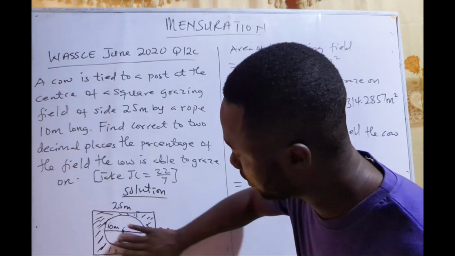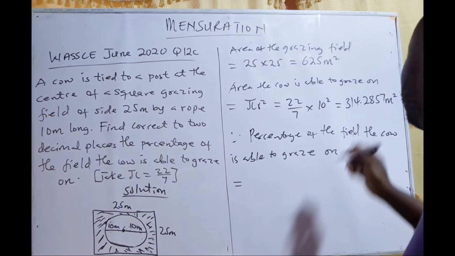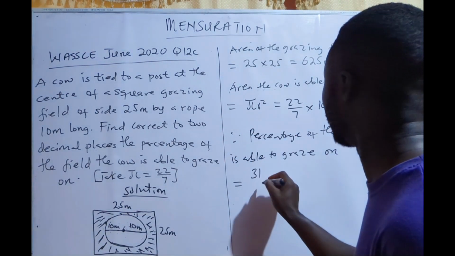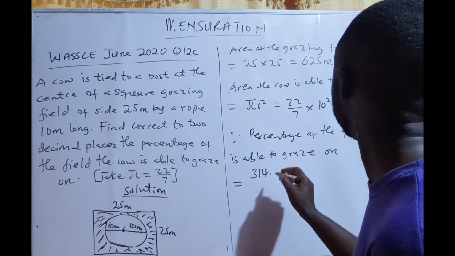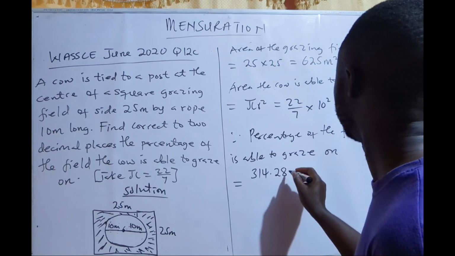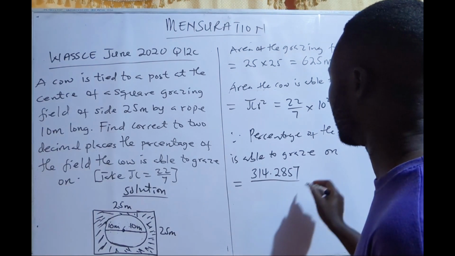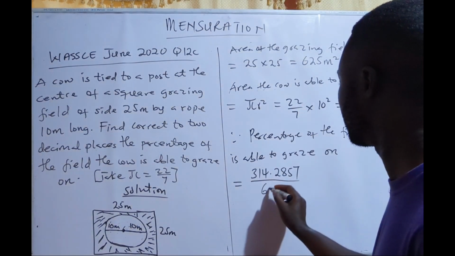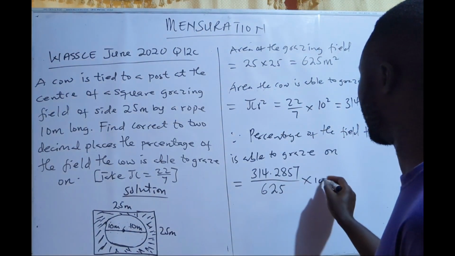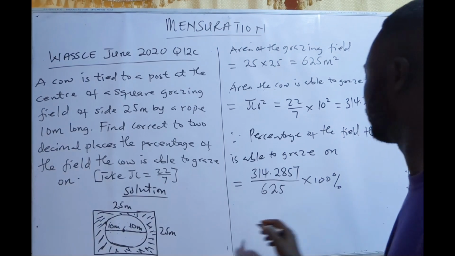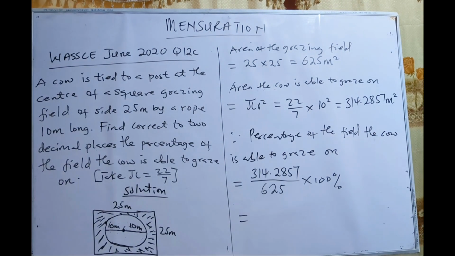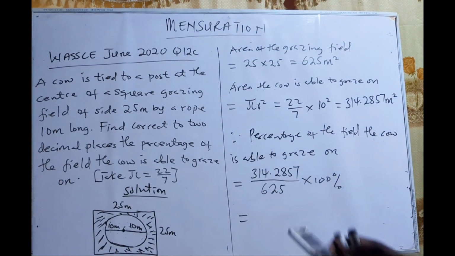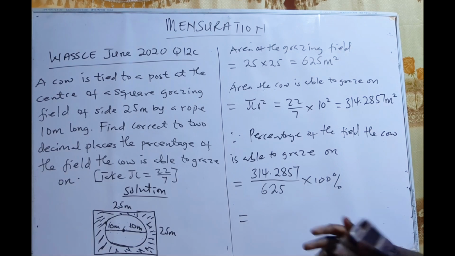The cow is able to graze on the circular portion here. So the area is 314.2857 divided by the area of the grazing field, which is 625. Then you multiply by 100%. That will give us the percentage of the field the cow is able to graze on.